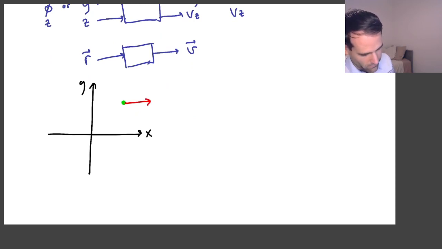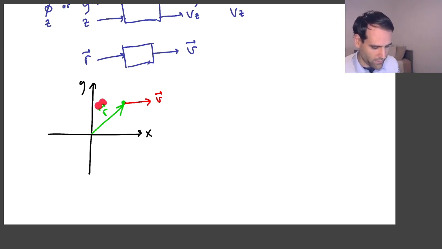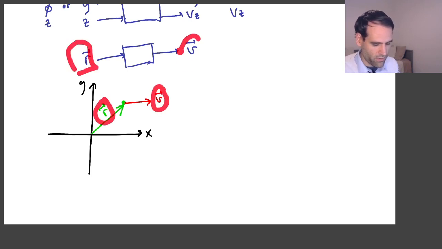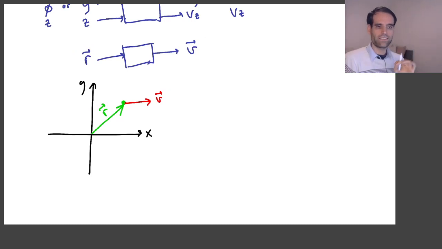For example, this is vector v at this position, but you can also write that this position is given by vector r, your position vector. So you can think of this as r being your input vector and v being your output vector, and that is completely valid. This is a correct interpretation.